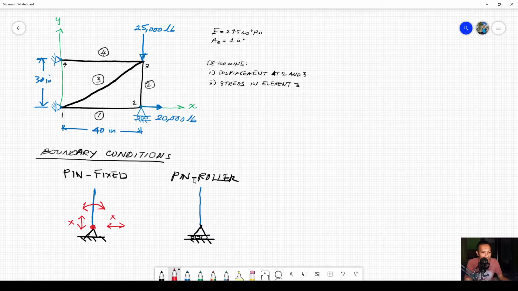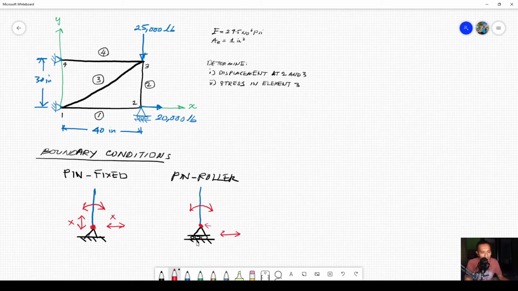The pin roller boundary condition behaves similarly to the pin fixed one, where the structure is free to rotate. But due to the roller positioned in this direction, this point is allowed to move to the left and to the right.